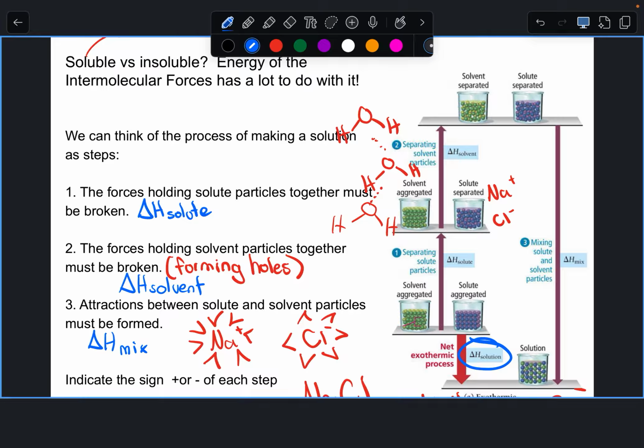So the first two take energy, they should be positive. The last one releases energy, that should be negative.